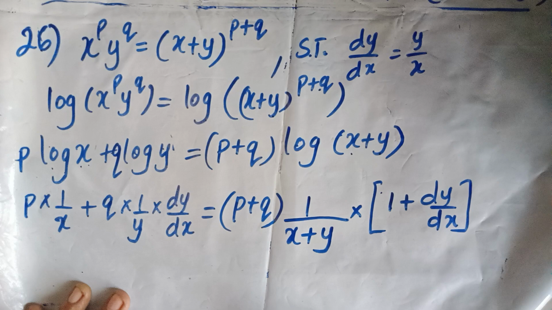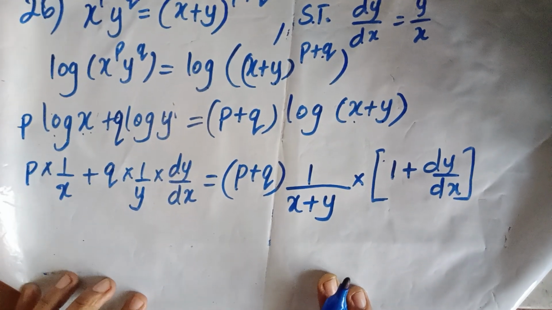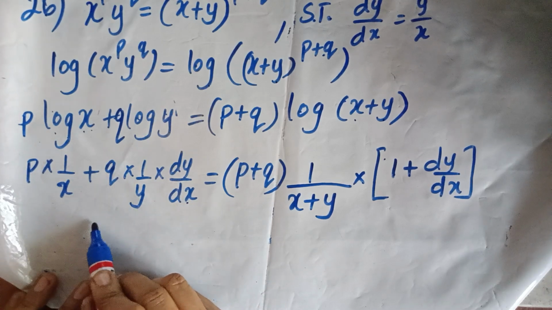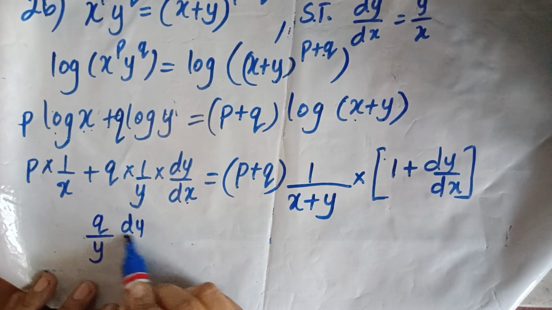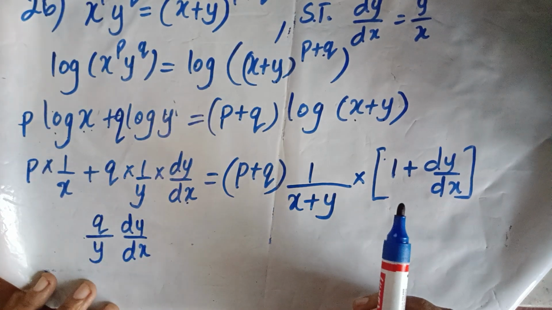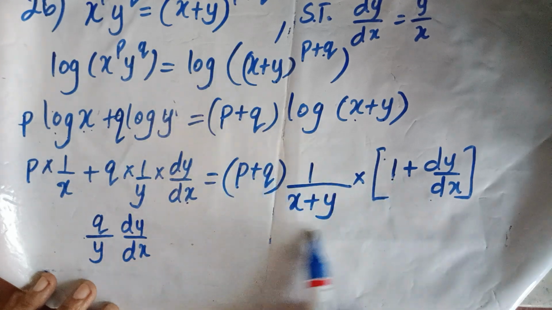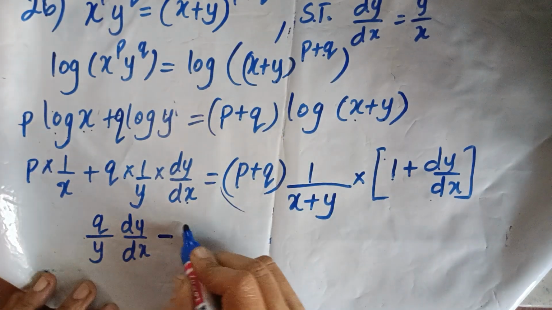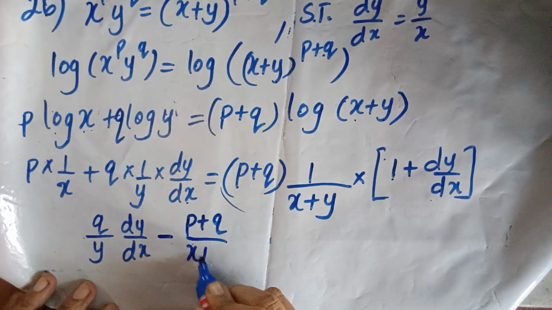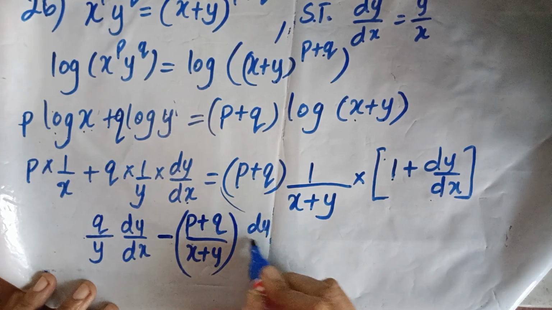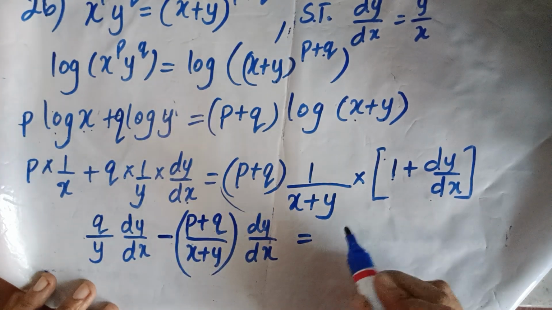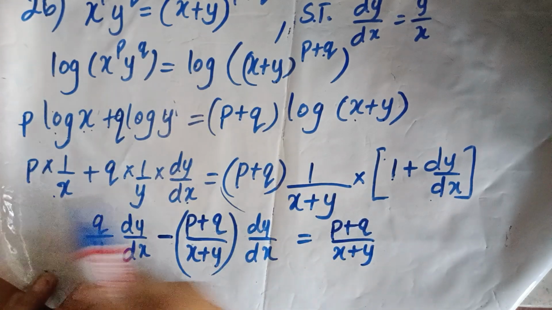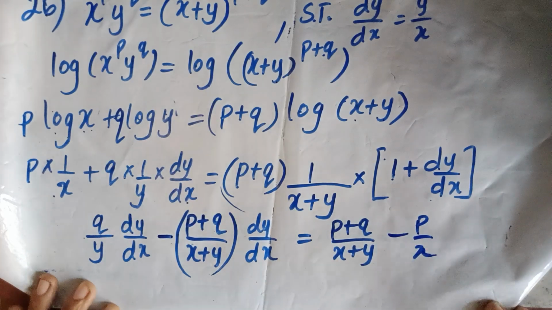Now you have to take the dy by dx terms together. This will be 1 into whole of this, then dy by dx into whole of this. So this term I'll take this side. Dy by dx equal to the remaining thing, minus p by x.